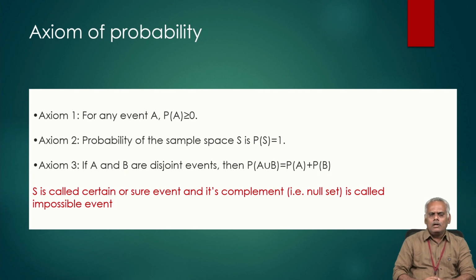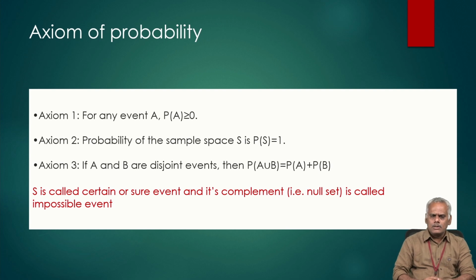And third, if A and B are disjoint events, that is mutually exclusive events, then probability of A union B, where union stands for OR, that is probability of A or B, is equal to probability of A plus probability of B. This is for disjoint events only.